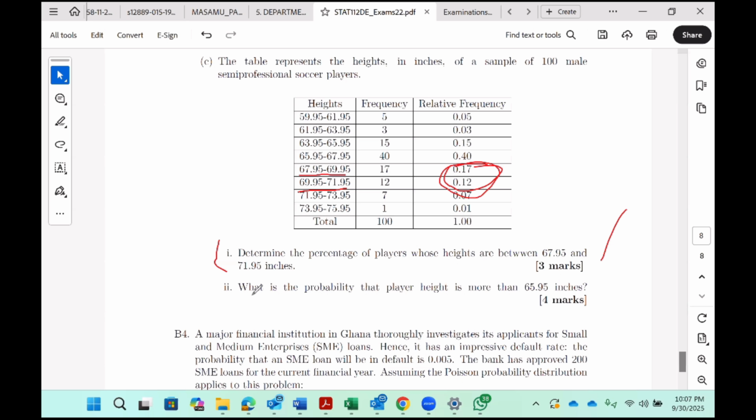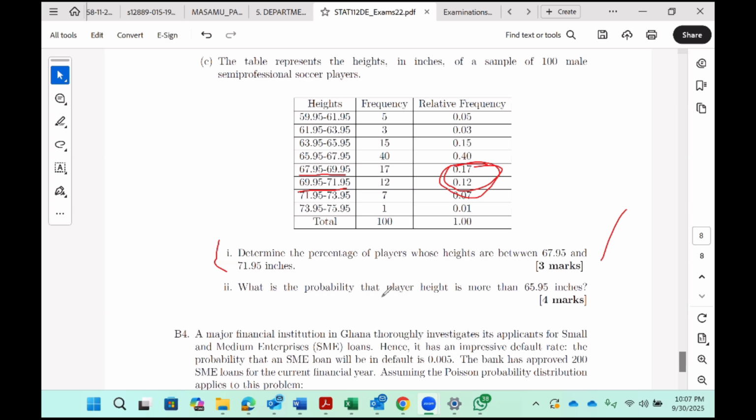So don't worry. Then to II, what is the probability that the player height is more than 65.95 inches? So 65.95 inches, that would be from here to the top, to the last one here. So you have to add all the probabilities from 0.40 to 0.1.